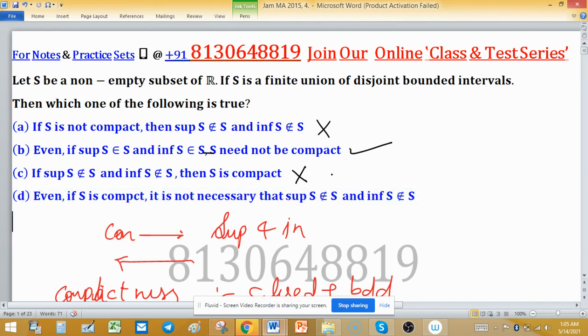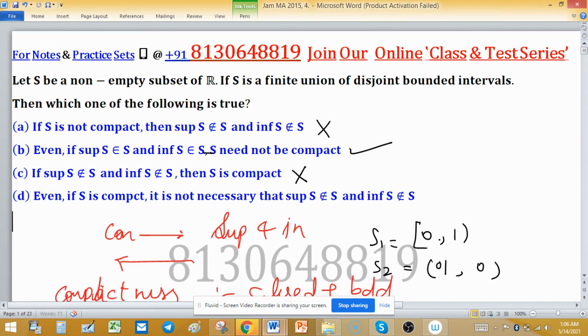When S is compact, you can take S1 as semi-closed and S2 as -1 to 0.